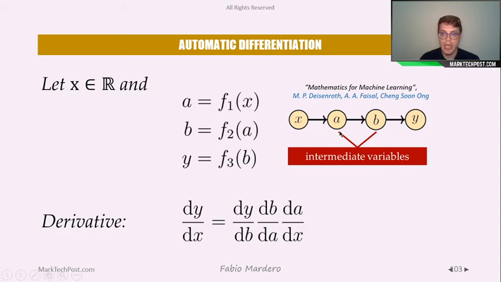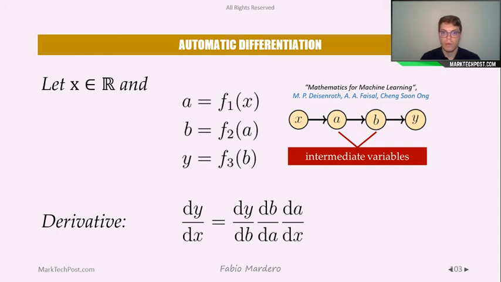So these a and b are intermediate variables. We can express y through x immediately thanks to the composition of these three functions. But using the intermediate variables, the derivative can be expressed using the chain rule in this way.